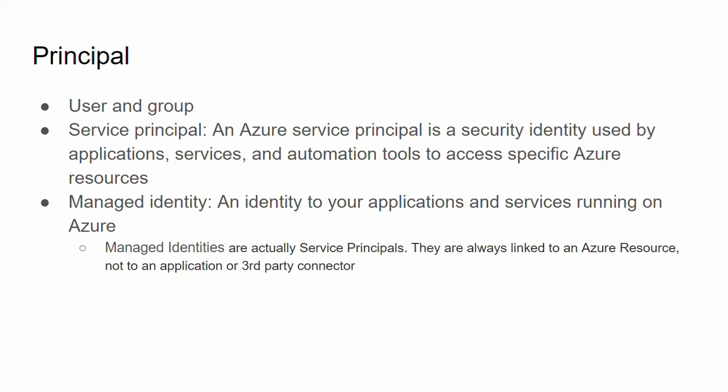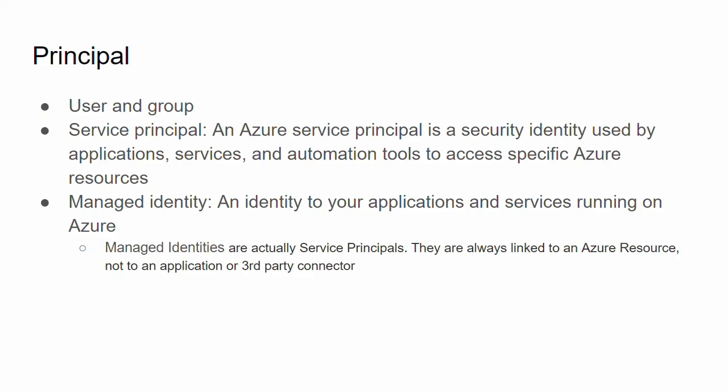And similarly, there's something called managed identity. It's an identity of your application and services. The difference is that a managed identity is a service principal created by Azure. So when you try to do something, what you can associate a role with is either a user or group, or a service principal, including managed identity.